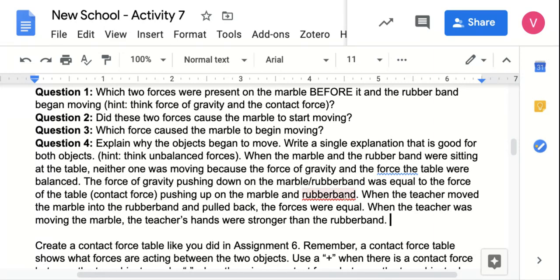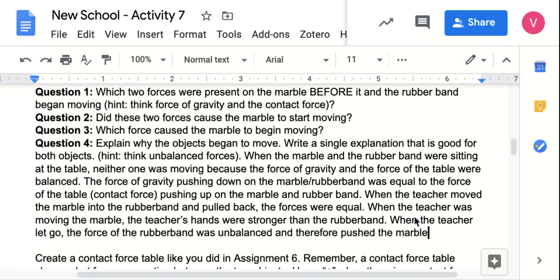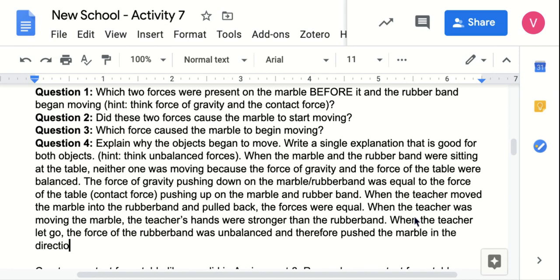So since I could move the rubber band, the force of my fingers was stronger than the force of the rubber band. When the teacher let go, the force of the rubber band was unbalanced. Nothing was pushing against the rubber band anymore. My fingers weren't pushing against it. The force of the rubber band was unbalanced and therefore pushed the marble in the direction the rubber band was moving.